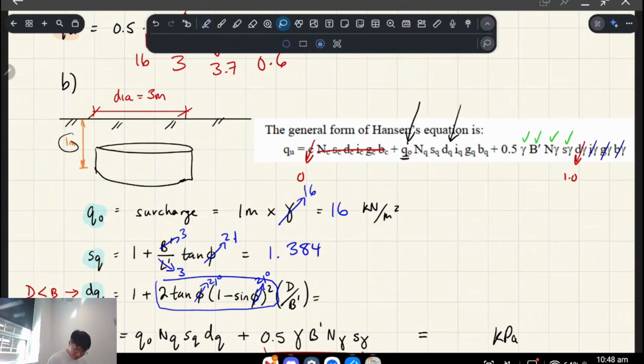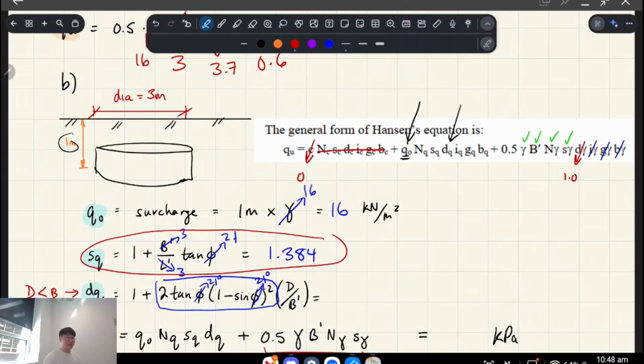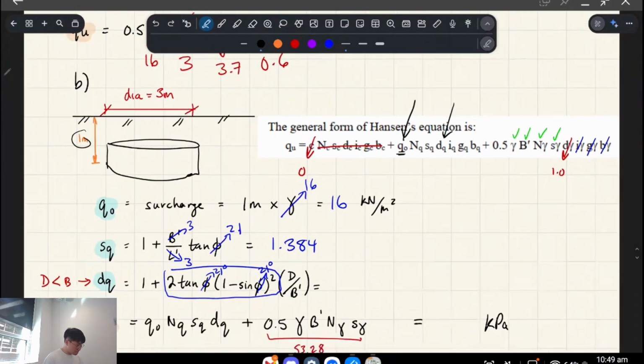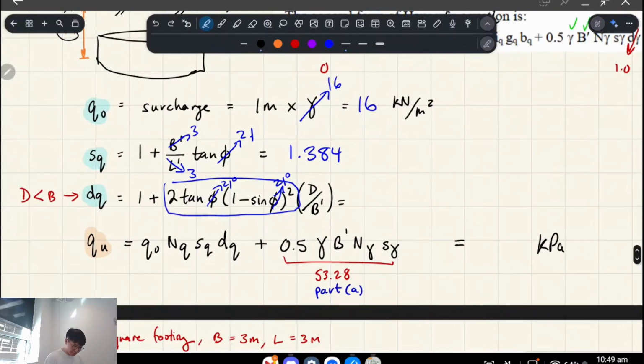This is probably one of the clearer examples of me calculating SQ, because for the previous 2 questions I've been calculating strip footings. Here, when it's a circular footing rather than a strip footing, you can see that it gives you a number that's not 1.